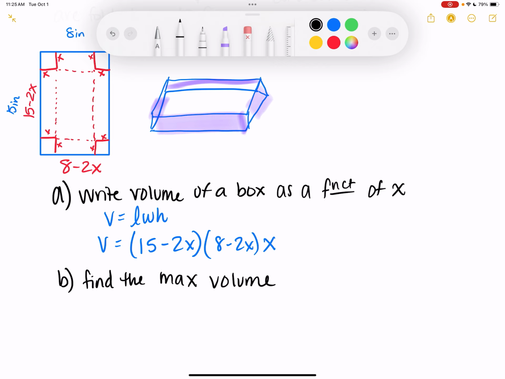Hit window at the top. Make your X-Min -10. Make your X-Max 40. Scale of 2.